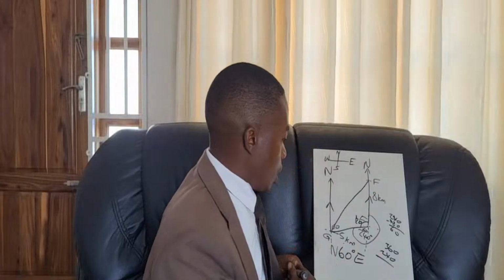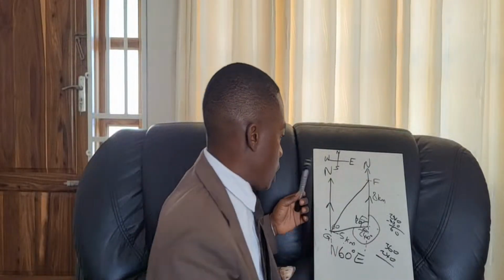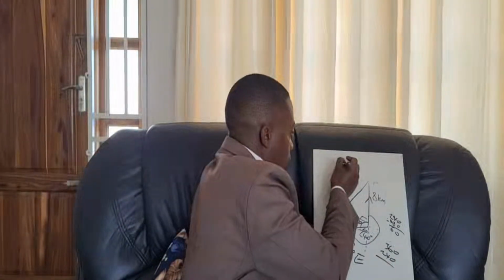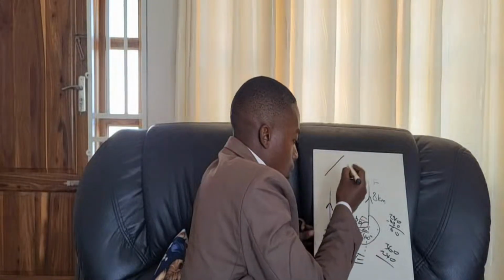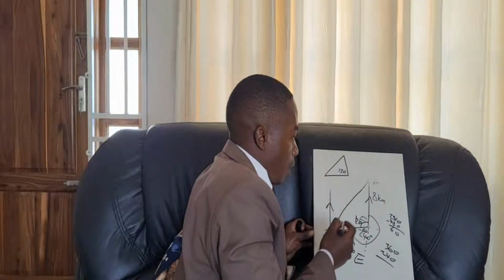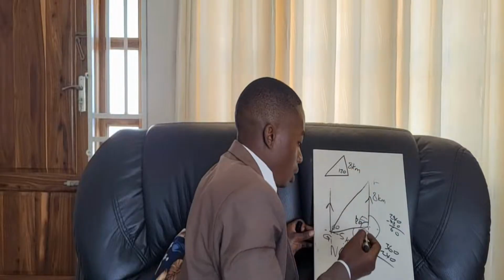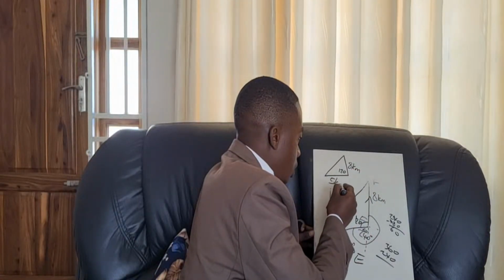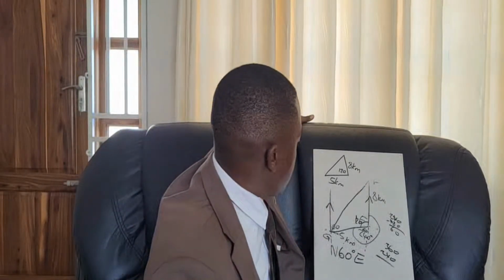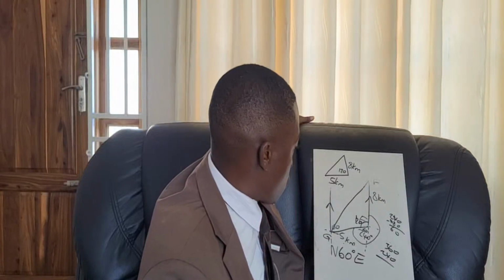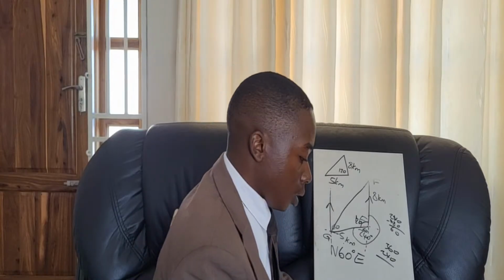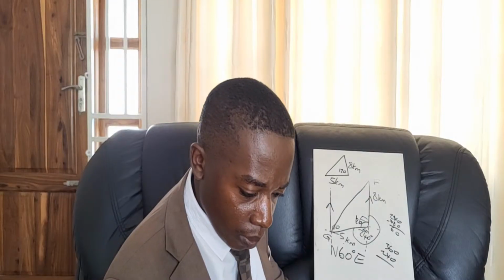So it's like this: here we have 120 degrees, and here we have 8 kilometers, and here we have 5 kilometers. So what formula can we use? We can use cosine. But we are told to leave our answer in surd form.